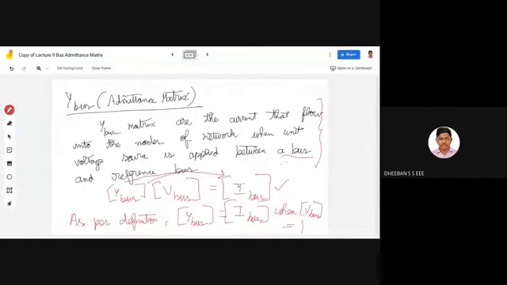Current usually flows into the node, right? So this flows into the nodes of the network when a unit voltage source is applied between a bus and the reference bus. So when V bus has a unit value, in the sense that V bus is equal to 1, then your Y bus will be equal to your I bus.